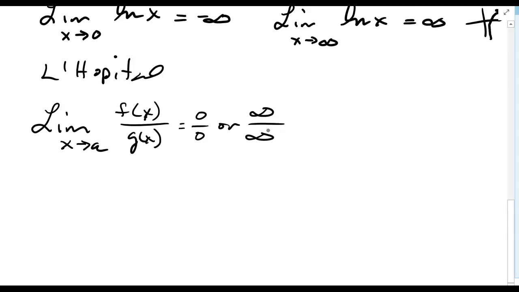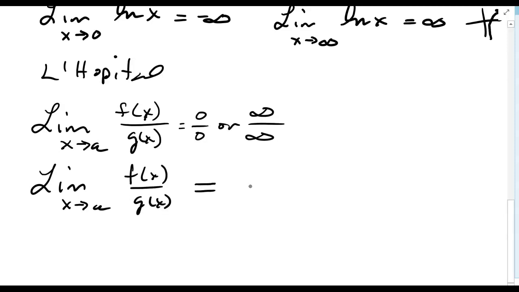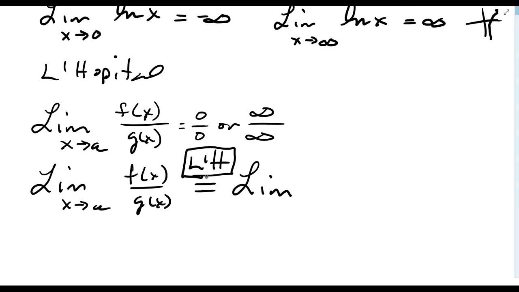And you use L'Hopital by saying, okay, the limit as x goes to a of my two functions, f of x over g of x, is going to equal the limit. And this is important: you usually have to let your instructors know you're using L'Hopital, especially on a test. So you put a little L'H over the equal sign.